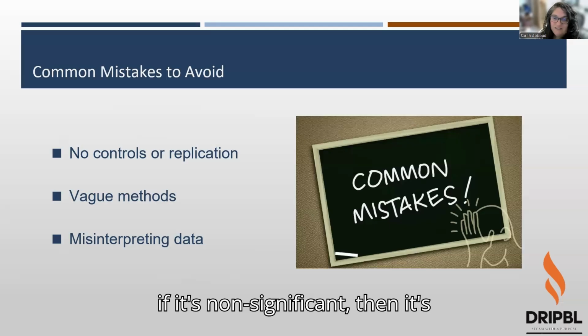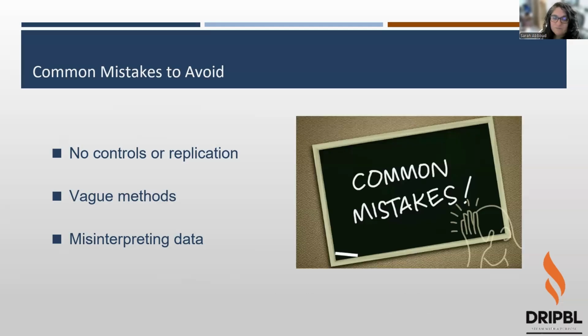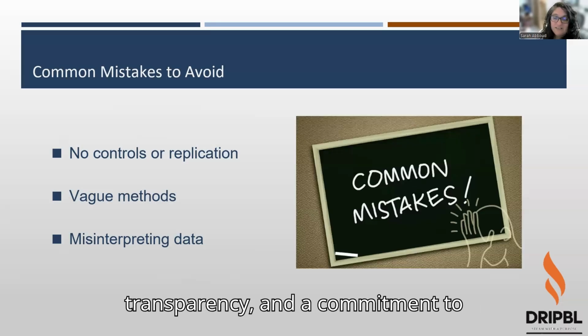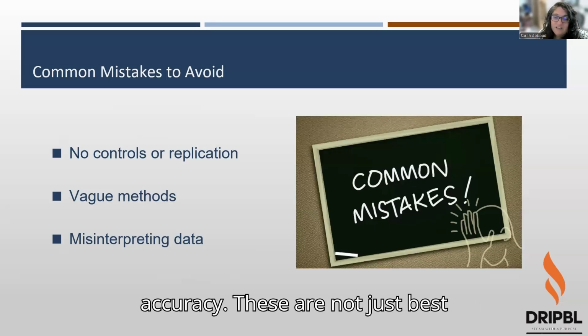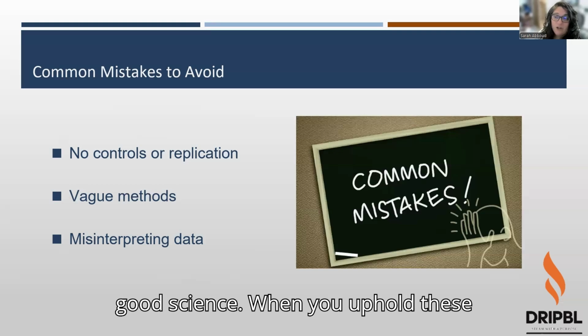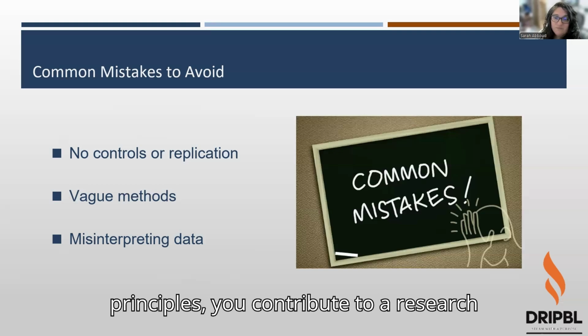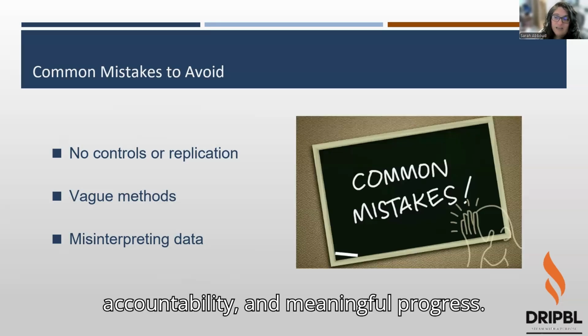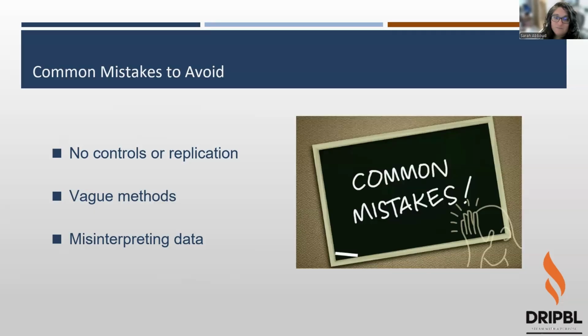If it's non-significant, then it's non-significant. Scientific integrity depends on honesty, transparency, and a commitment to accuracy. These are not just best practices, they are the foundation of good science. When you uphold these principles, you contribute to a research culture that values truth, accountability, and meaningful progress.